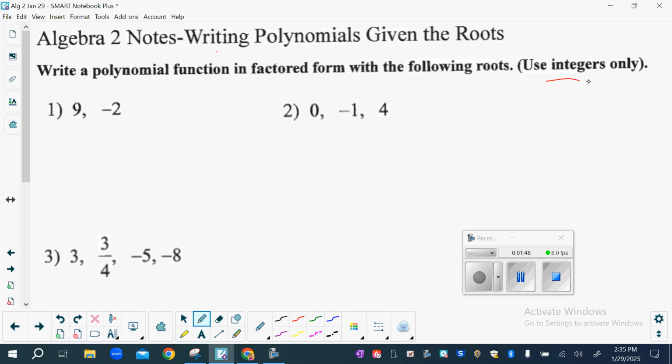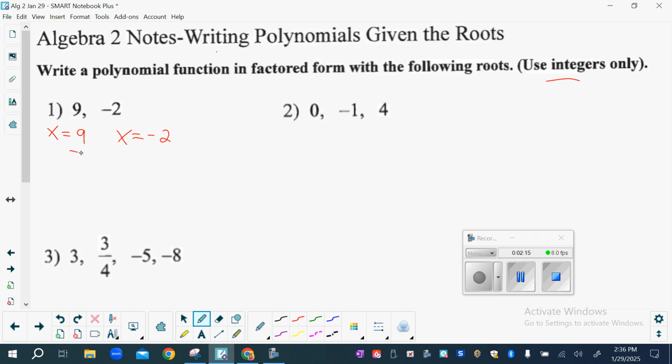So x equals 9 is one of my solutions, and x equals negative 2 is another solution. How do I go backwards to factors? How do we get this x equals 9 to become a factor? What do I do to get the 9 to go over to the other side?